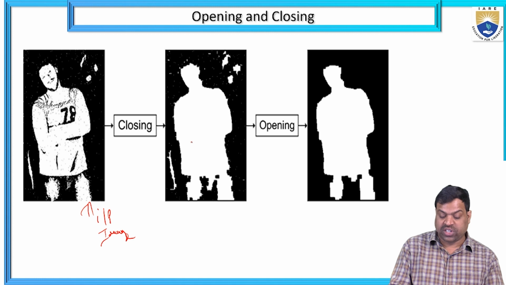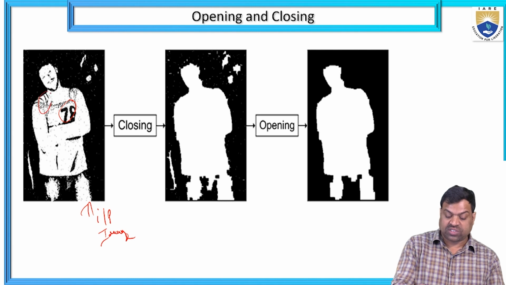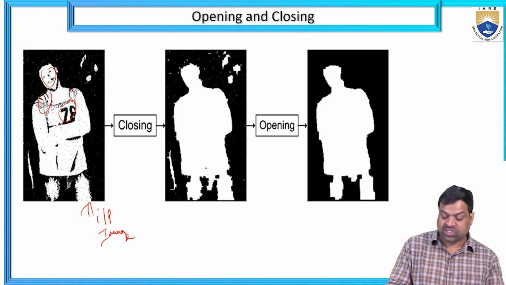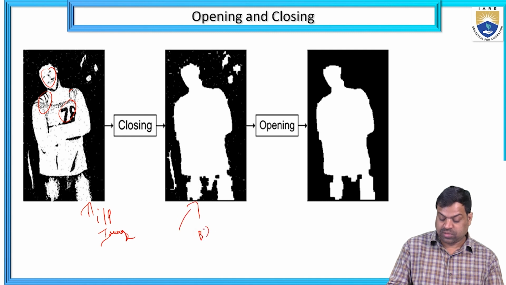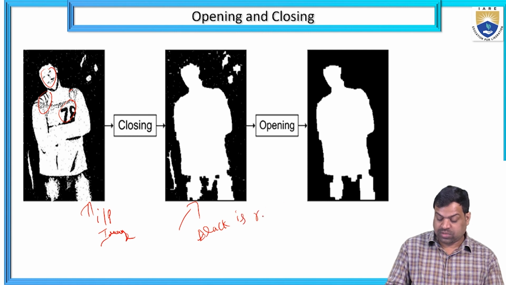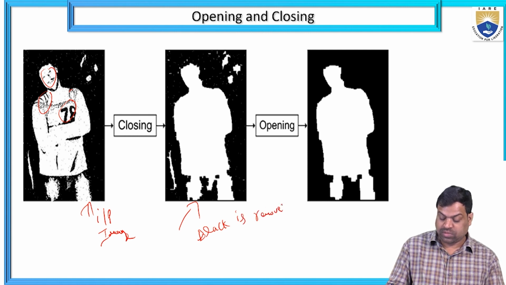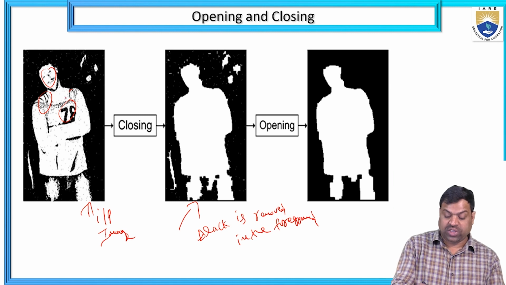I have applied the closing here. So what has happened here? Closing means these values are changed. So black is removed in the foreground.